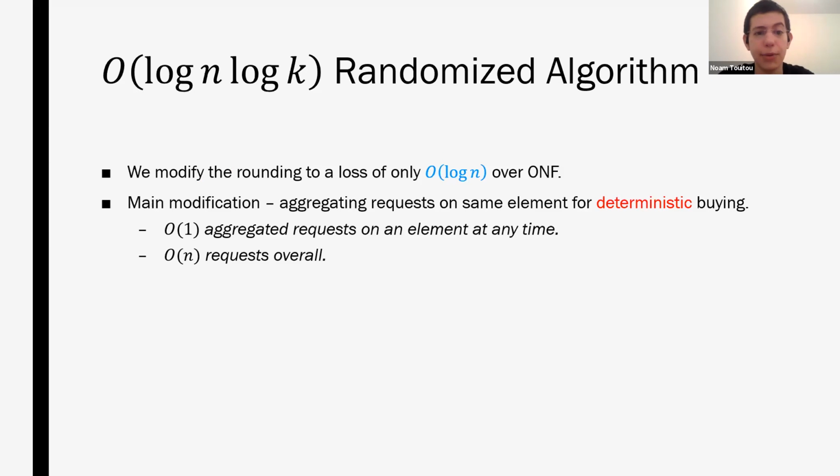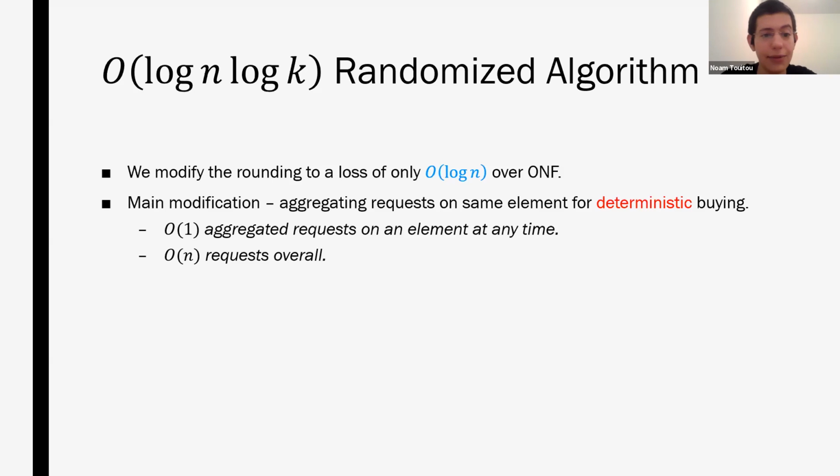And the way to modify the rounding is by aggregating requests on the same element to gain one aggregate request. Okay, so what's going to happen is on each element at any point in time, we're going to have at most a constant number of aggregated requests, each of which consists of many original requests.